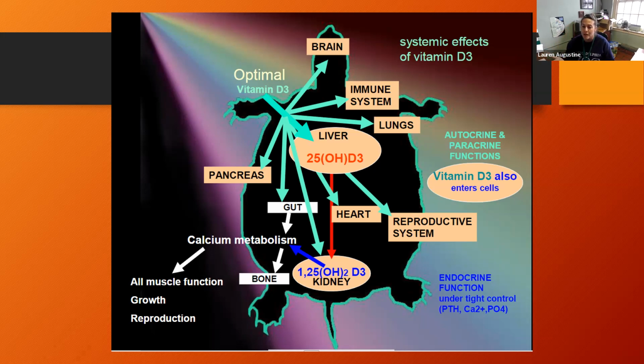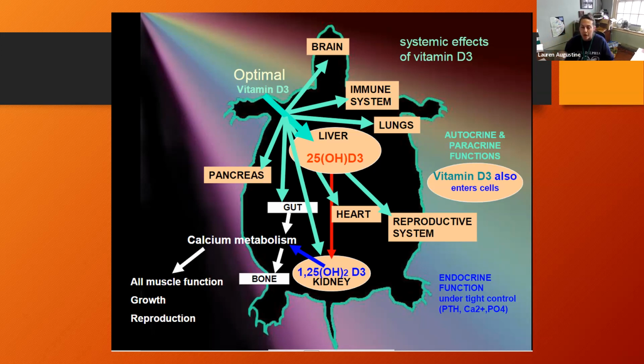This is what's really important to remember, that they can have too much. They can get too much UV light, and that could impact their eyes, just like it could impact our eyes. So there is a level of UV we want to provide, but excess vitamin D becomes circulated through their blood system, and it affects all of their functions, including their endocrine systems, muscle function, growth, and reproduction.